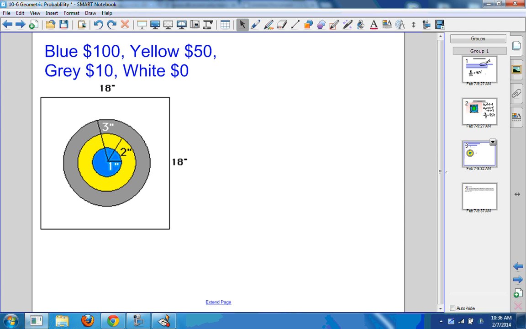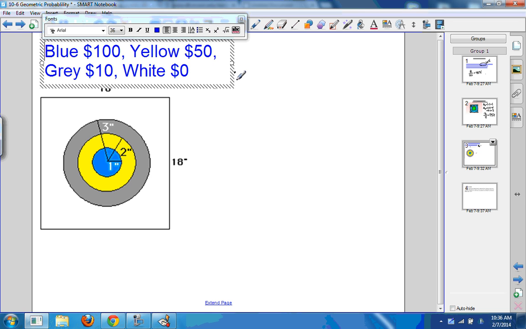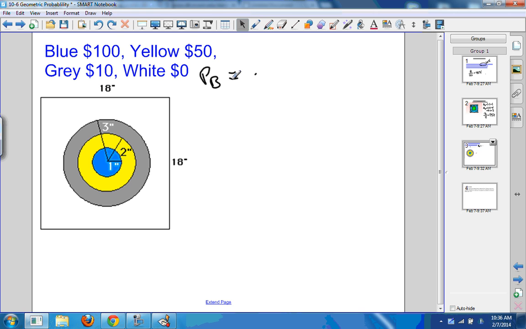So first we're going to find the probability of blue. So the probability of blue is going to equal the area of this blue here divided by the total. So let's find the total first. So the total is going to be this big square here.